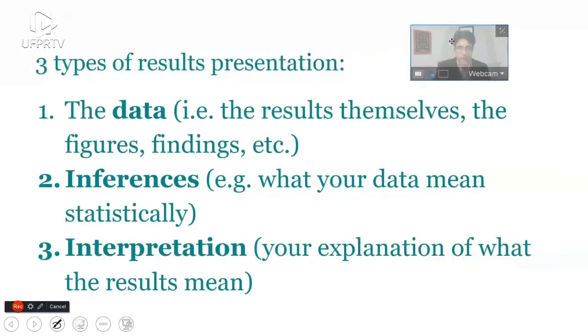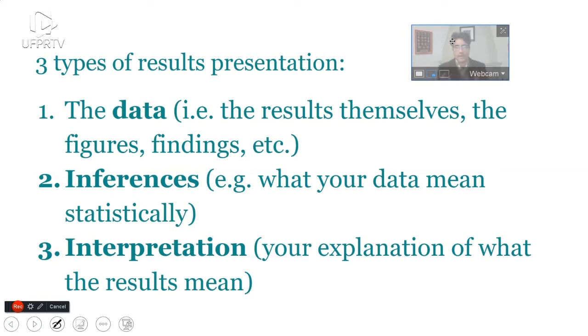When you present results, however you present them, whether separate or in a discussion, you can divide them into three categories.